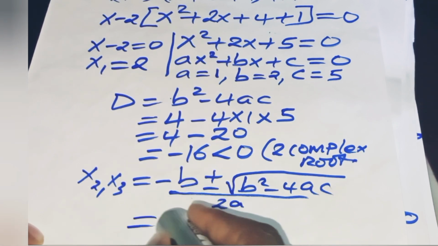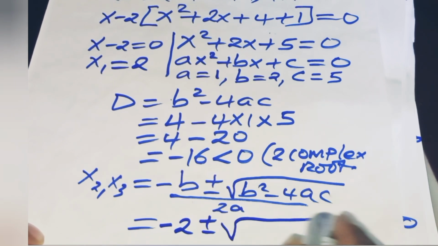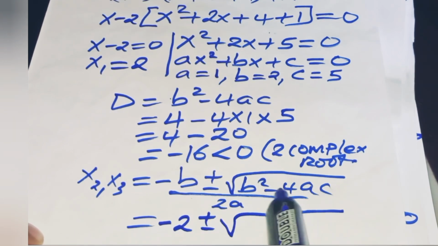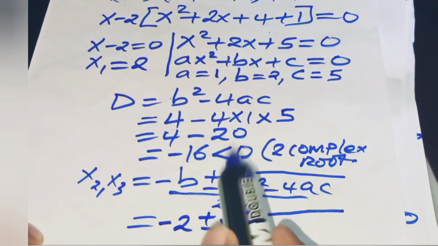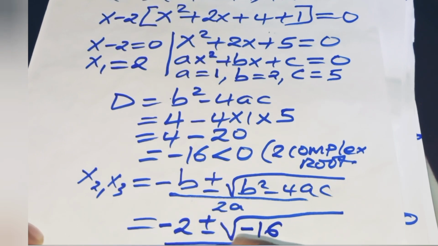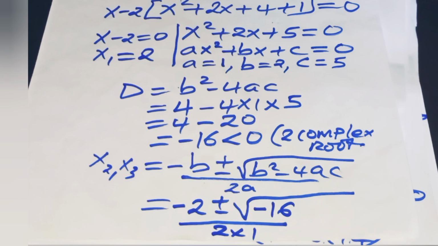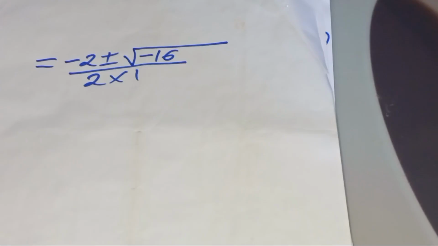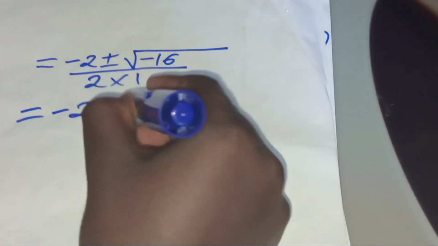We have negative b, which is negative 2, plus or minus the square root of b squared minus 4ac, which is actually negative 16. So we plug in negative 16, divided by 2 times 1. So we have negative 2 plus or minus the square root of negative 16, divided by 2.